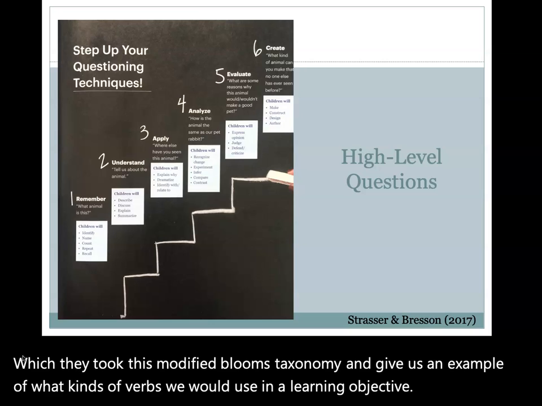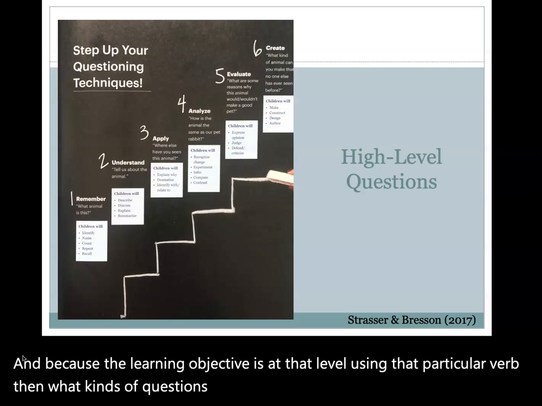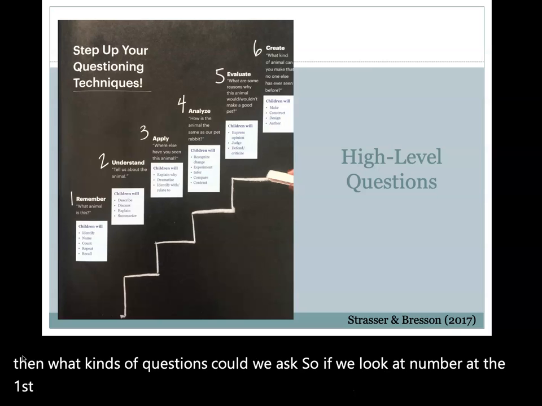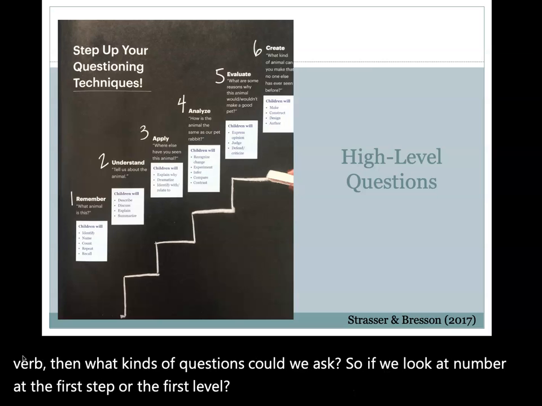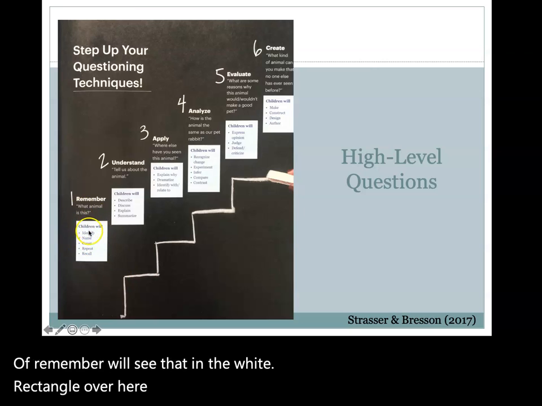And because the learning objective is at that level, using that particular verb, what kinds of questions could we ask? If we look at the first level of remember, we'll see that in the white rectangle over here, we see examples of verbs.